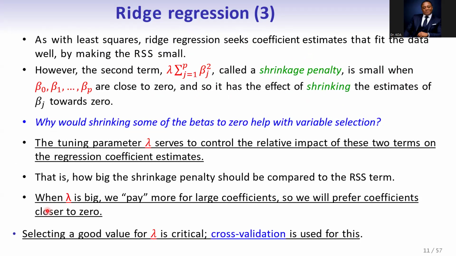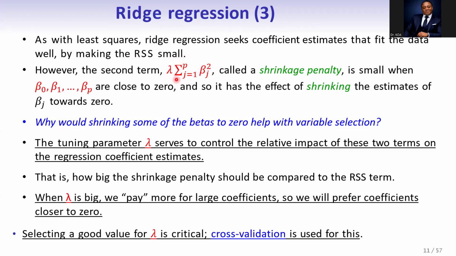Now, like the OLS, the ridge regression is trying to find that estimate that will fit the data properly. And it does that by minimizing the residual sum of squares. But this second term is the most important thing. This one is that shrinkage penalty.